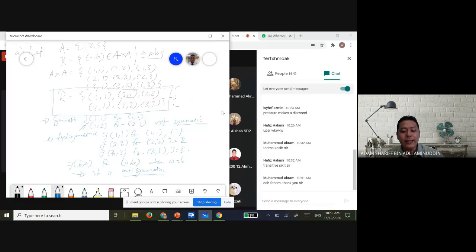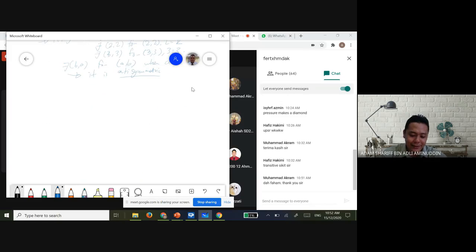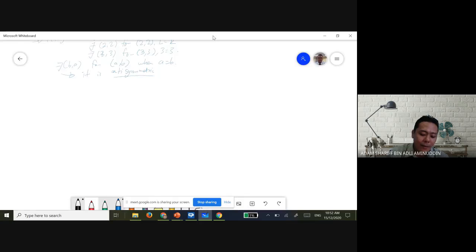Tapi the thing is, it can be both only for one case. Apakah case itu? Case dia ialah bila, satu je. Dalam banyak-banyak relation yang saya buat, satu je yang both symmetric and anti-symmetric. Saya dah buat kat atas tadi.